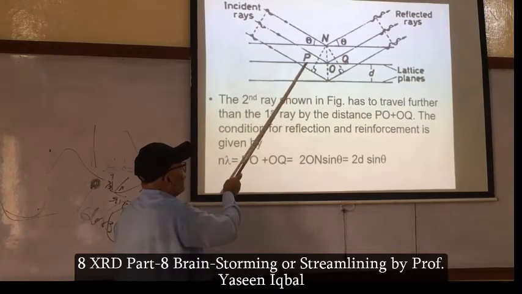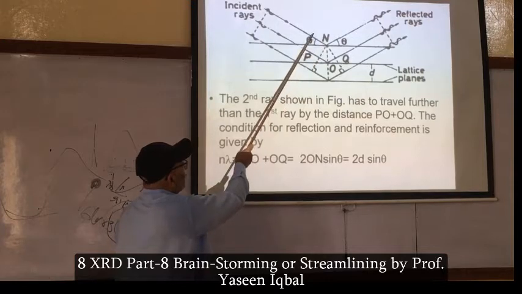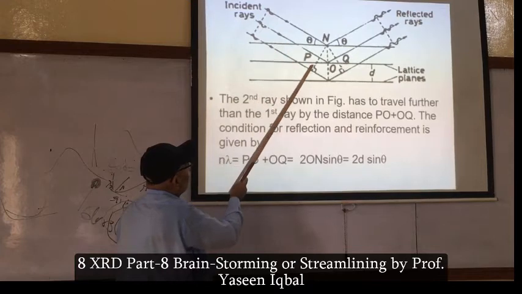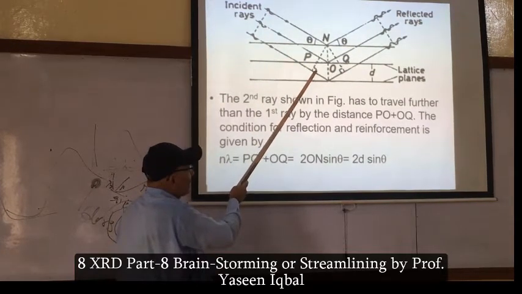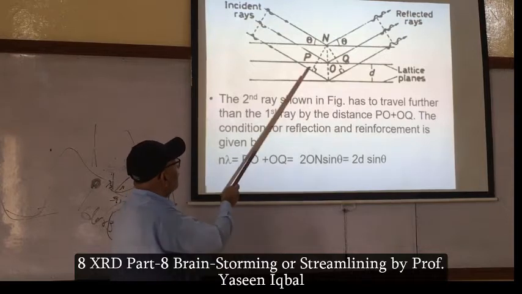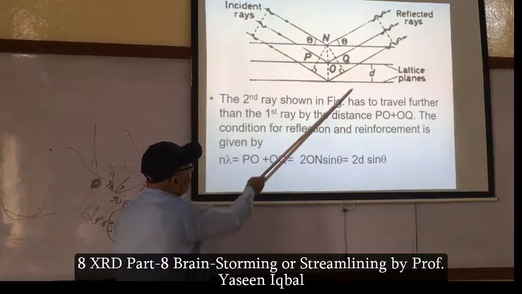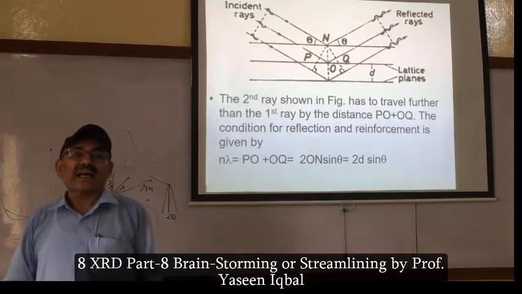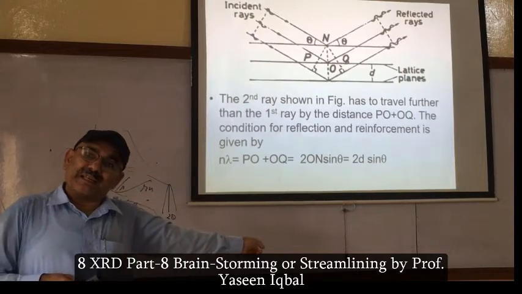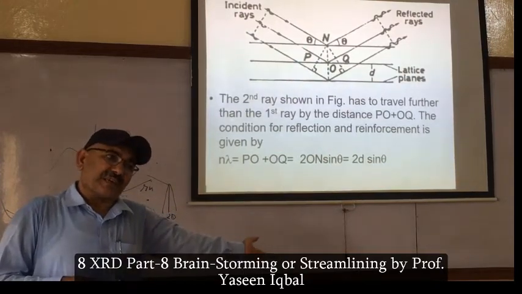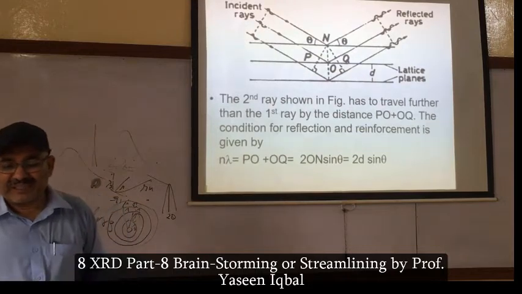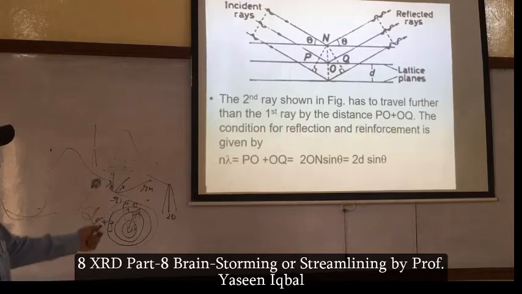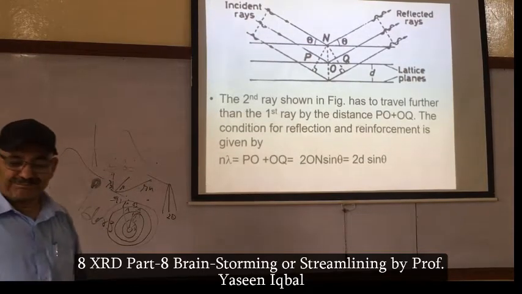If you locate this path difference carefully, the beam goes up to there and goes there, then travels this extra distance. Similarly, for the next plane, it will travel another extra distance. So if this extra distance is an integral multiple, n lambda, then Bragg's diffraction will occur and a peak will be there.